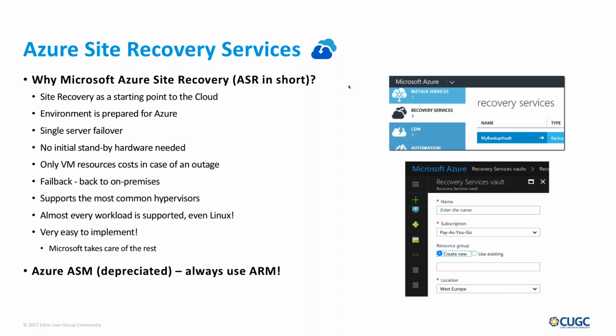When you're having a problem with one application server in your on-premise environment and you are not able to fix that problem, it's a hardware issue, or you need some extra resources, one hypervisor is down, you can also choose to fail over some single servers, run them in Azure, and afterwards fail back to your on-premise environment to stay up to date with your data. So that's one that I want you to keep in mind.